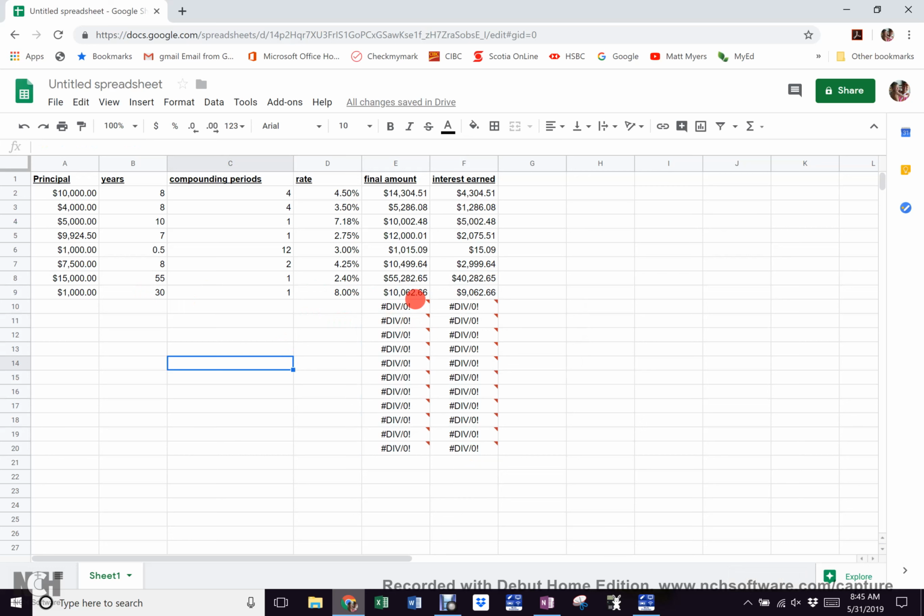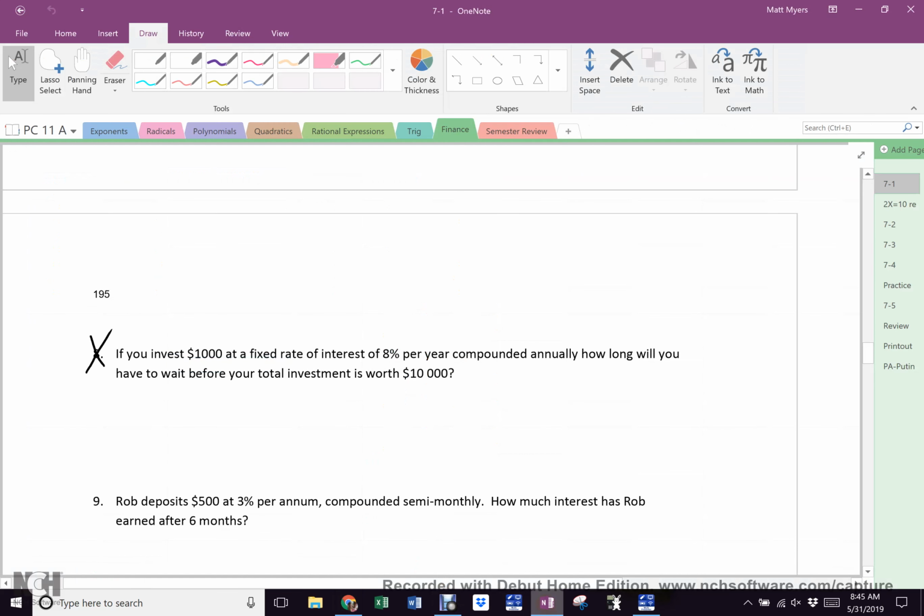Everybody good? All right, so let's now do 12 on page 195, and we'll do that one together, and then you guys can go and do the next ones that need logs, which are 11, 12, 13, 15, and 16, okay?